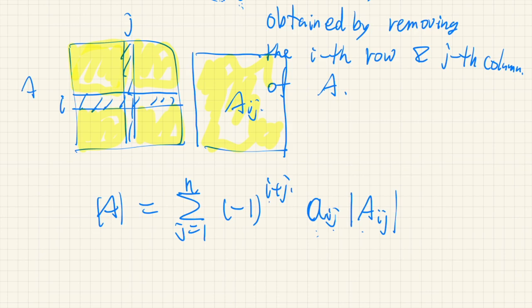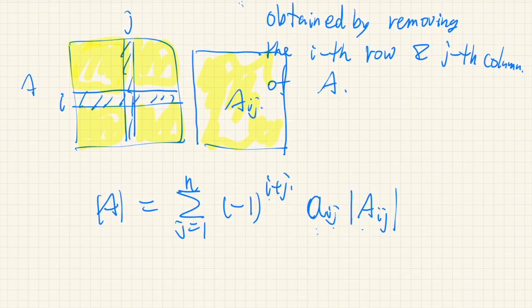So what this means is that when we calculate this determinant, we need to know the determinant of smaller matrices, Aij. So i is fixed here, and j runs from 1 to n. So we need to determine the determinants of n such smaller matrices.